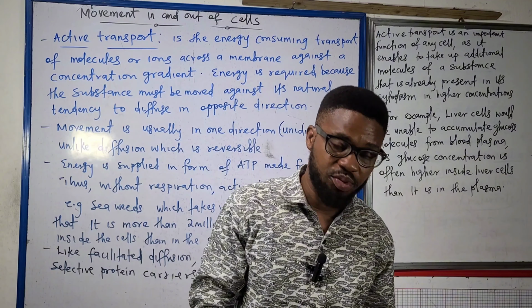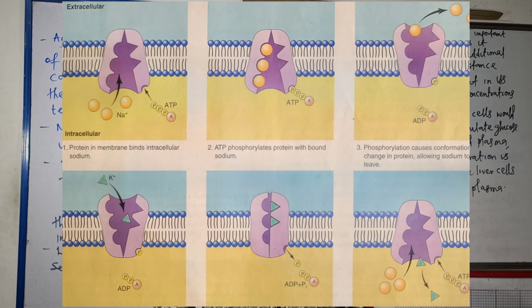Naturally, the amount of potassium on the inside of the cell is more than the amount of potassium on the outside of the cell. Yet, potassium is still being pumped from a region of low concentration outside the cell to the inside of the cell. And then talking about sodium, the amount of sodium on the outside of the cell is more than what we have inside the cell.